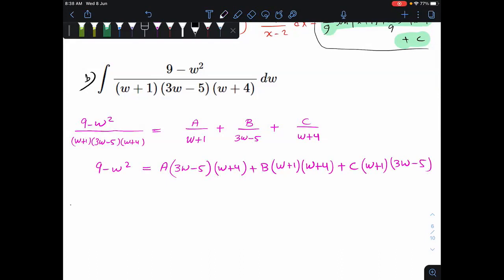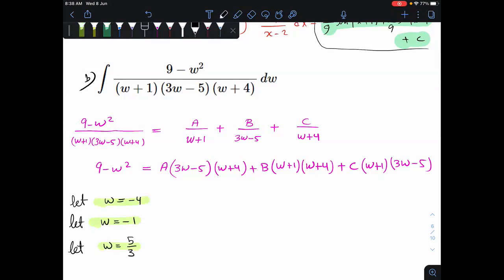The next step is to let w equal negative 4, then w equal negative 1, and again w equal 5 over 3. You have three zeros.